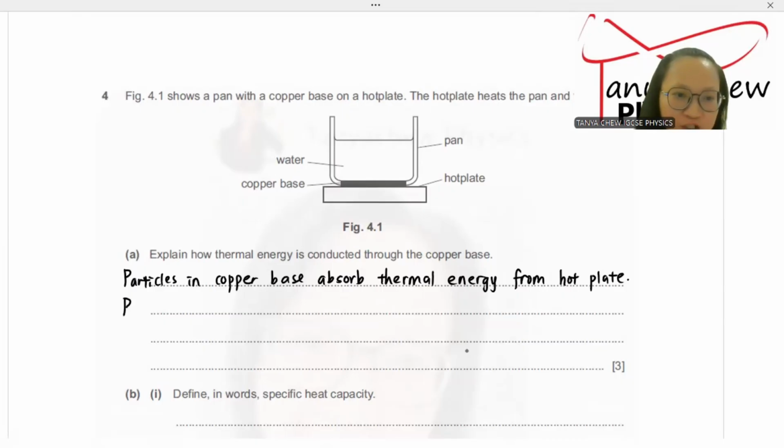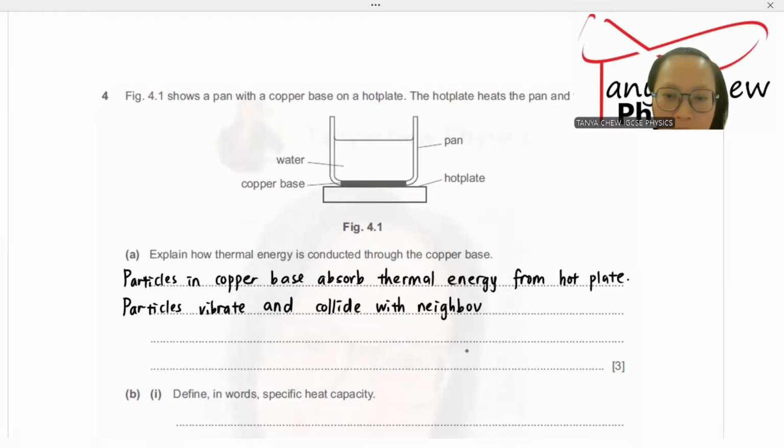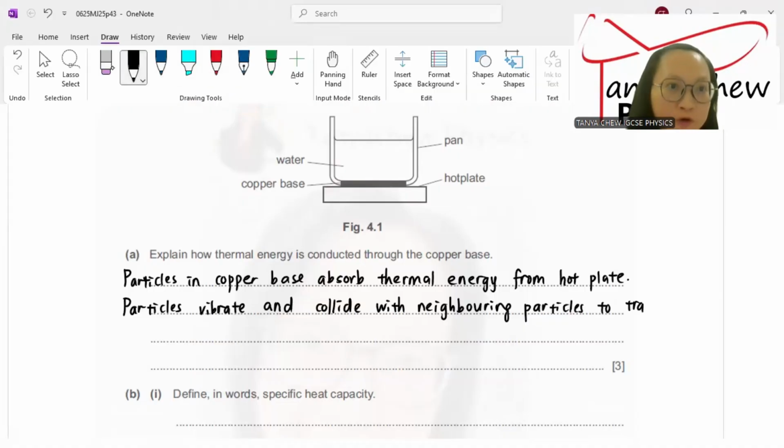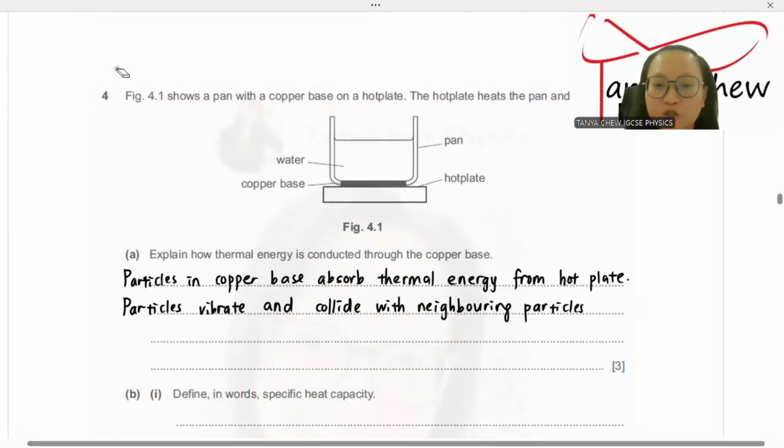So they gain energy, these particles vibrate and collide with neighboring particles to transfer heat to neighboring particles.